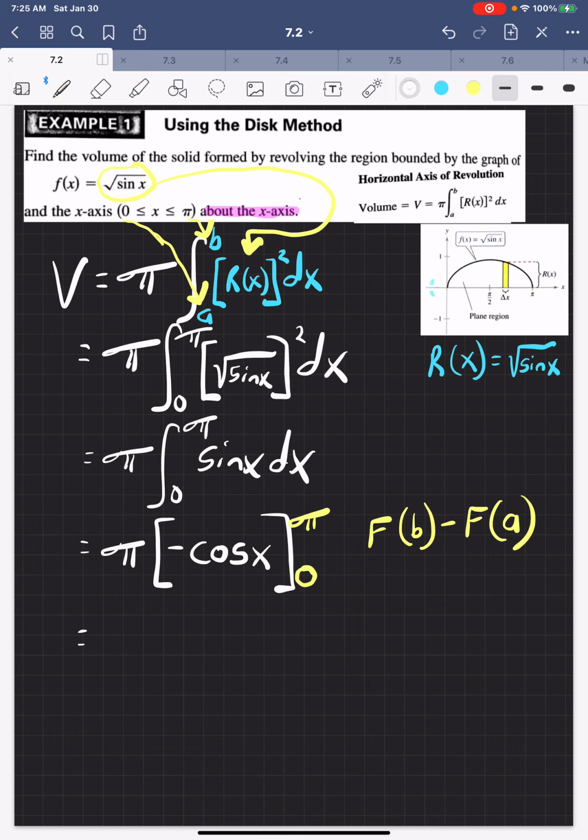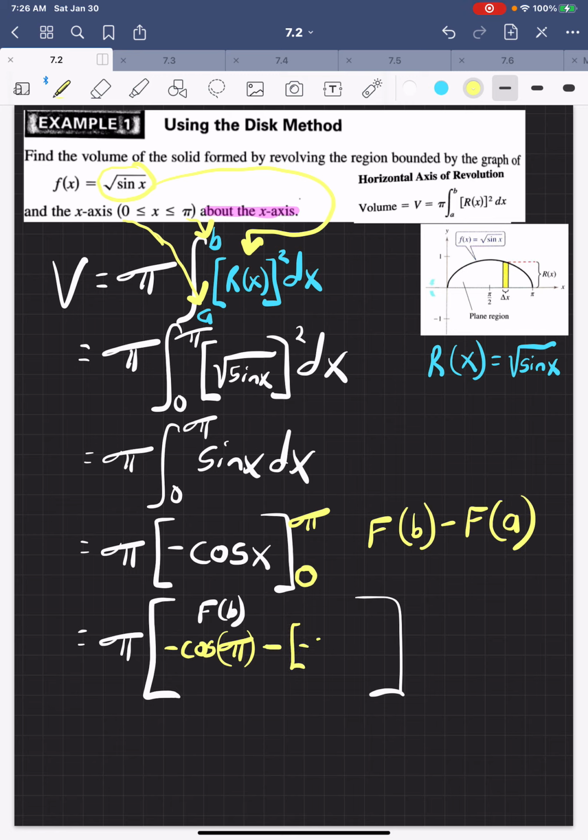So let's finish that up. So that's pi times, alrighty, so this is going to be negative cosine of pi. Just so you understand, that's f of b. Minus, what? Minus negative cosine of 0.